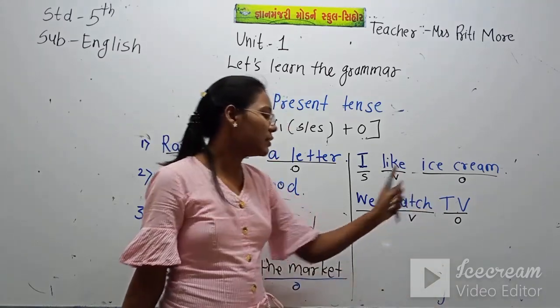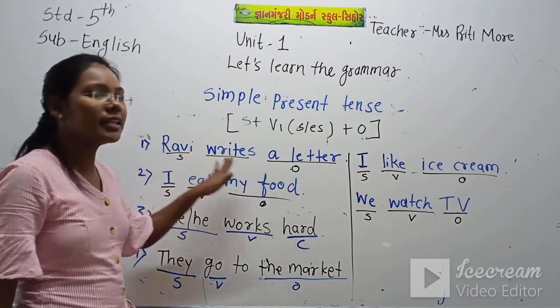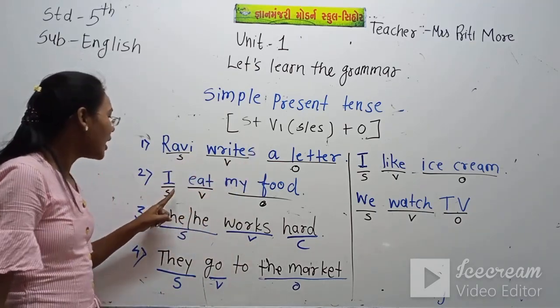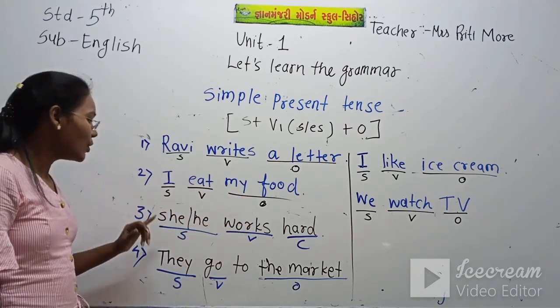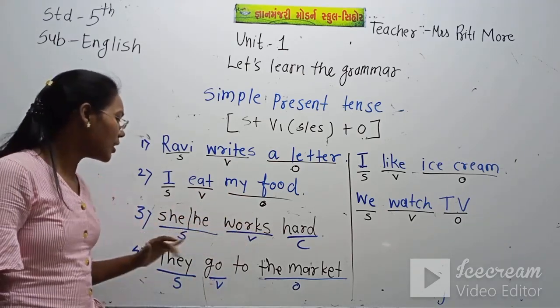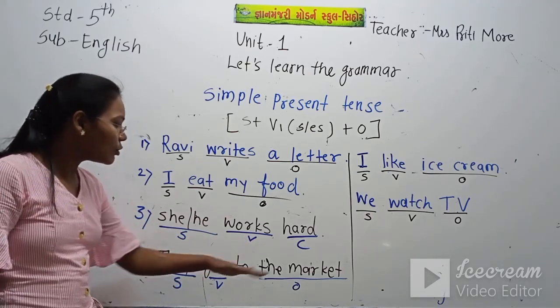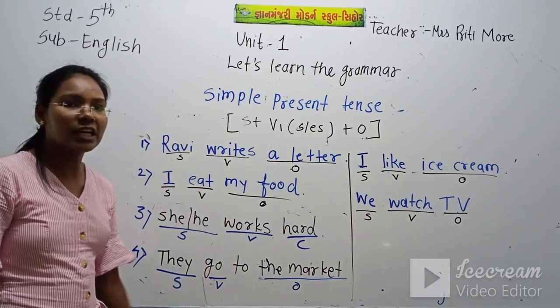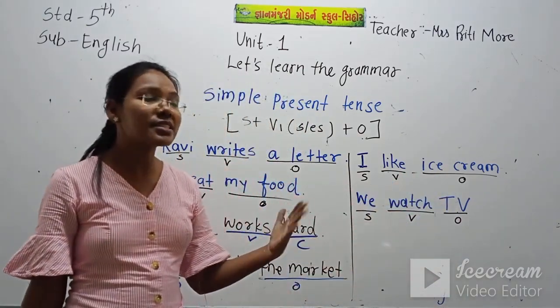Now here, Ravi writes a letter. Ravi letter लिखता है. I eat my food. मैं अपना food खाती हूँ. She or he works hard. वो हार्ड वर्क करता है. They go to the market. वो मार्केट जाते हैं. I like ice cream. मुझे आइसक्रीम पसंद है.